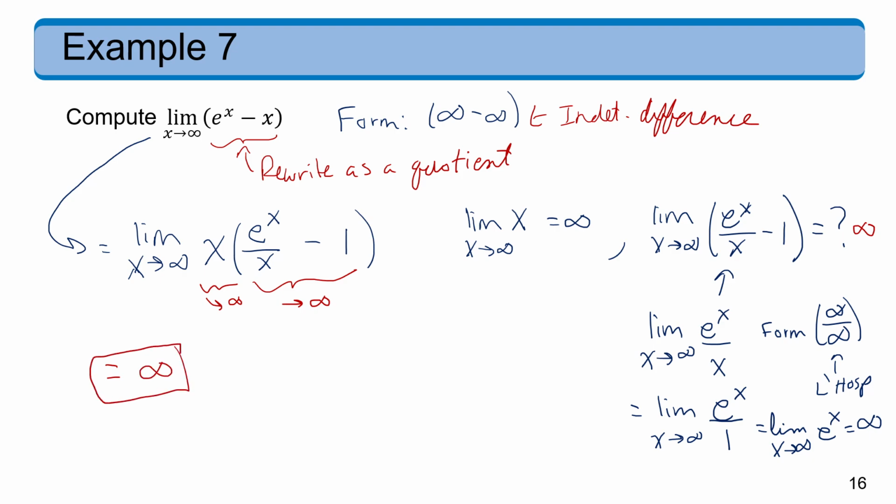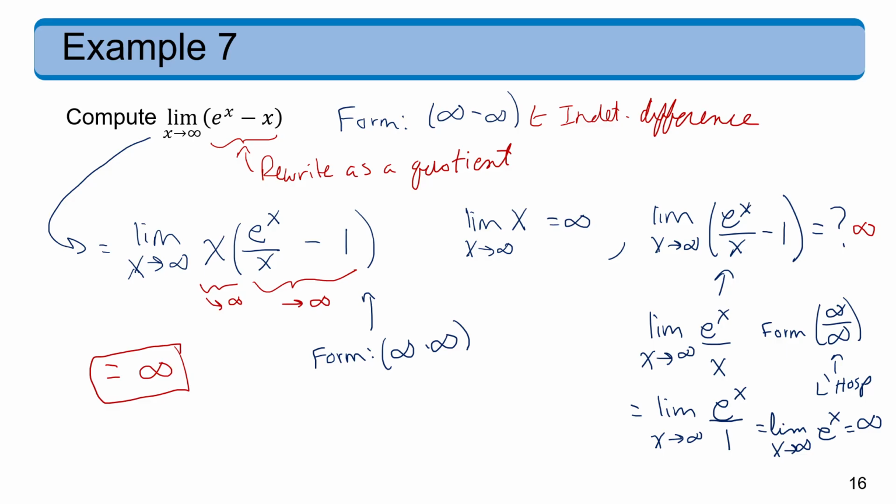Okay, so the form, if you wanted to say the form of this limit is infinity times infinity, if we write that out, this is a determinate form, right? It's not indeterminate. We know exactly what's happening.